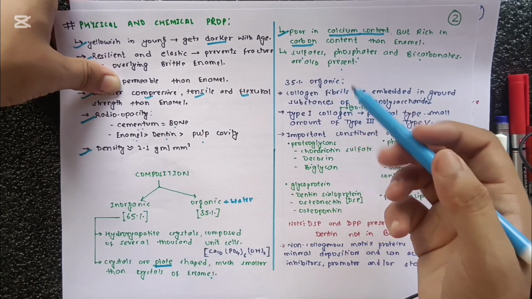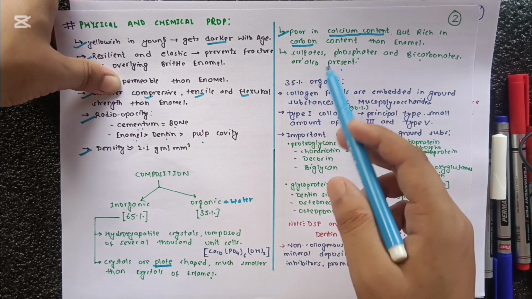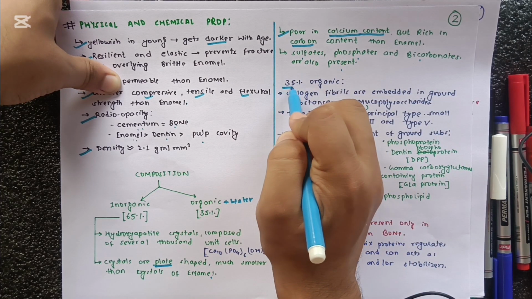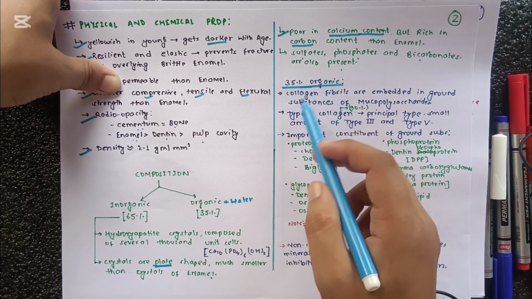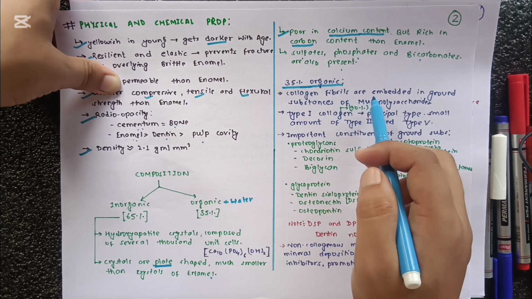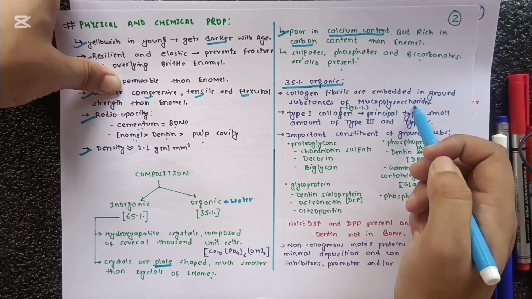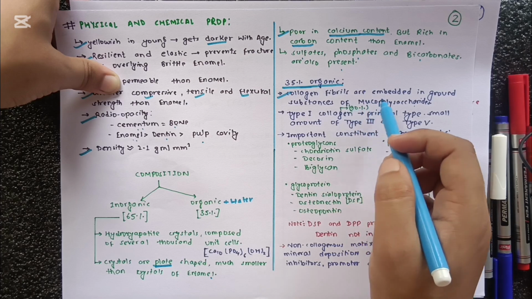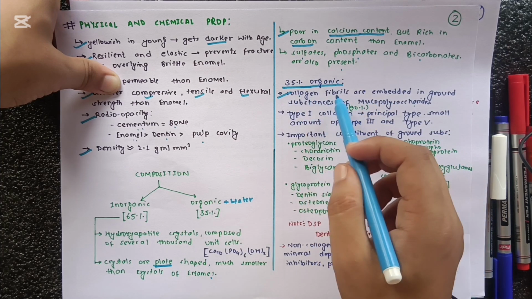After that, as we have completed the inorganic section of the dentin, in the organic section there is 35% organic constituent in the dentin, and what is present is collagen fibrils embedded in the ground substance of mucopolysaccharide. So mucopolysaccharide is the ground substance, and in that ground substance there is a presence of collagen fibrils.